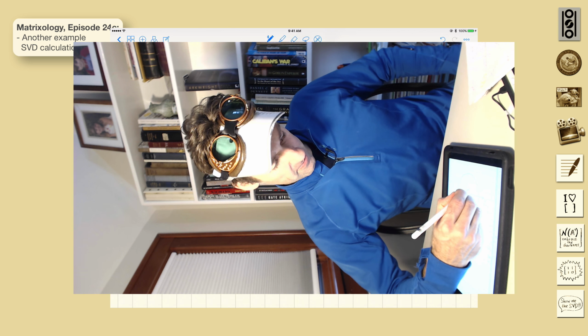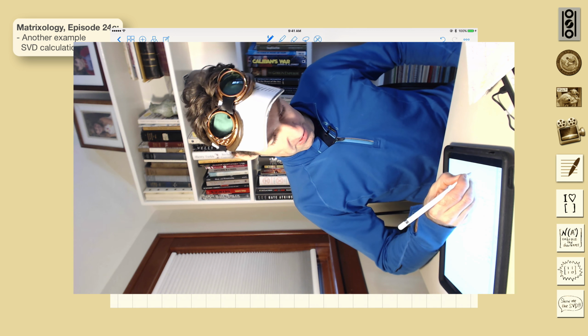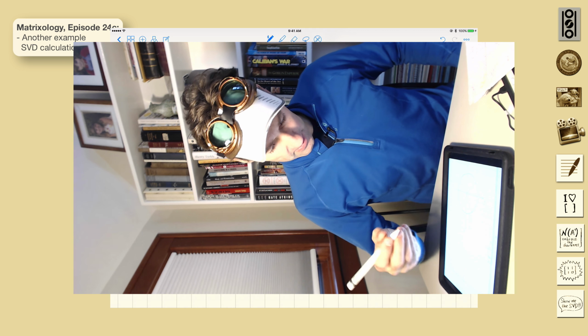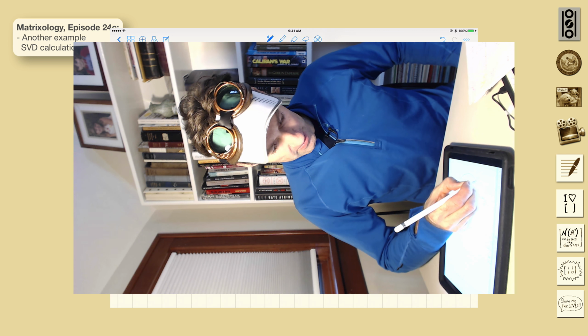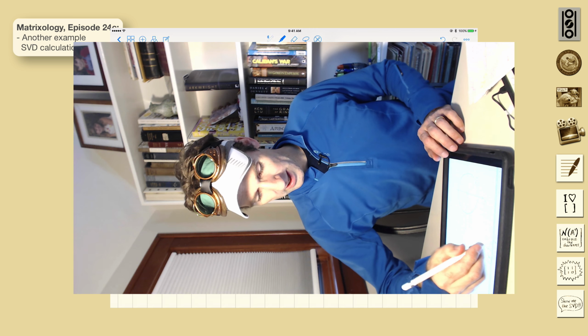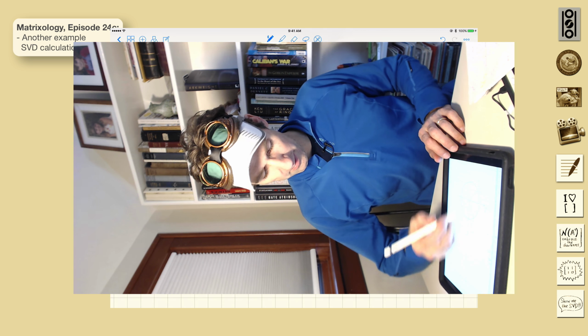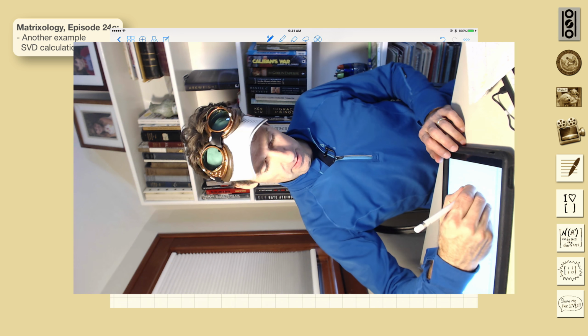V2 is over here. It is at right angles because of the magic of symmetric matrices. So it's 1 over 5 times minus 4, 3, right angles. Both of these make up row space, so they're a basis for row space.